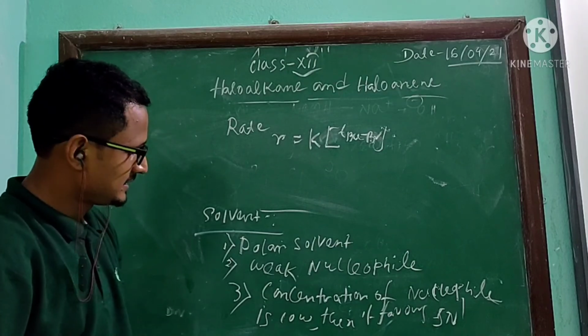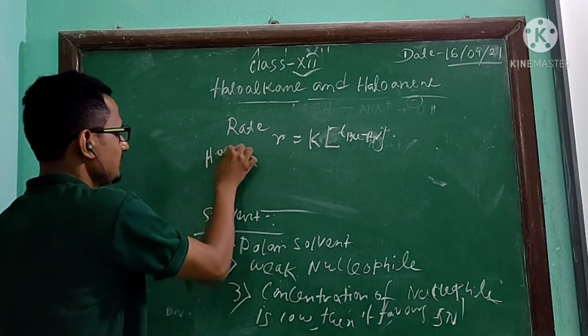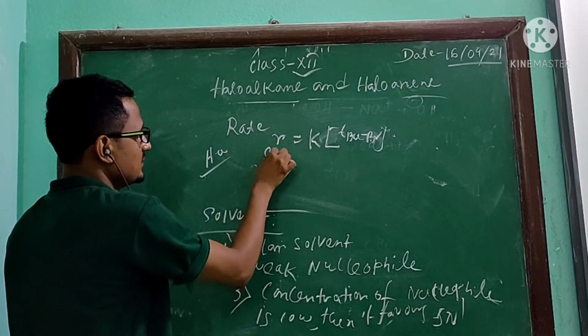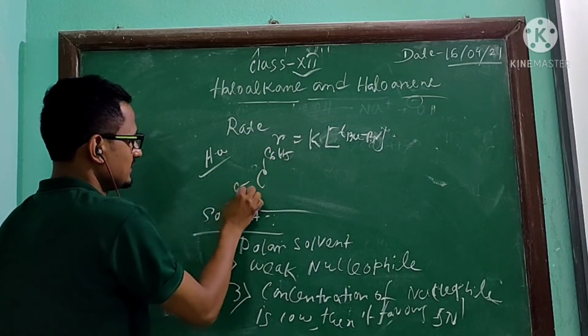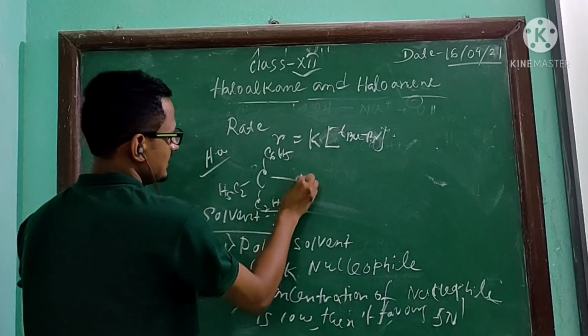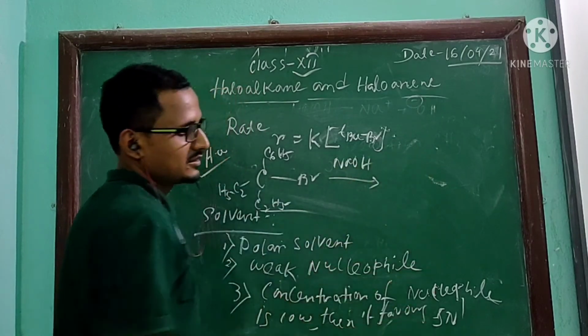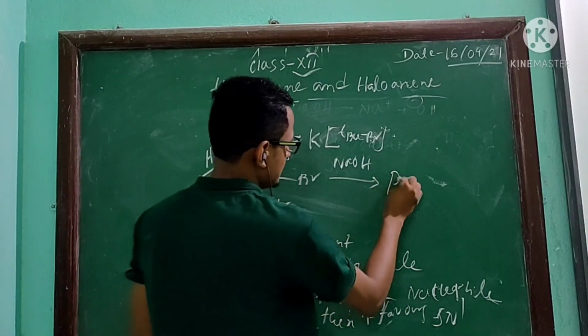So you can do the step-like mechanism for this one, because it will undergo the SN1 reaction. So the product you can write as your step.